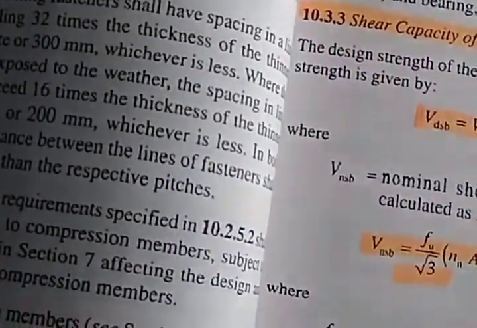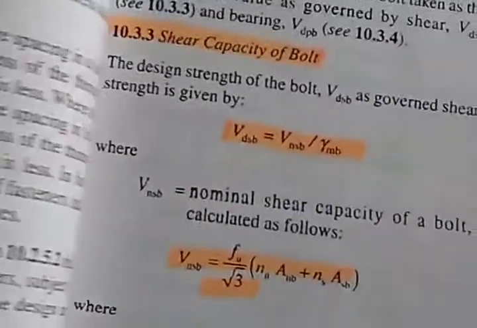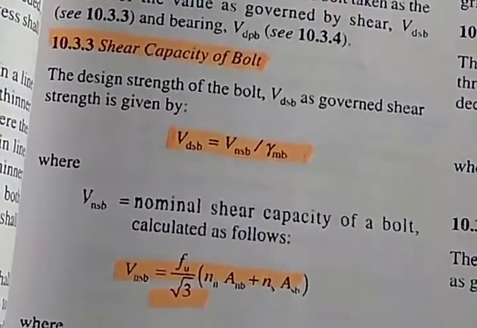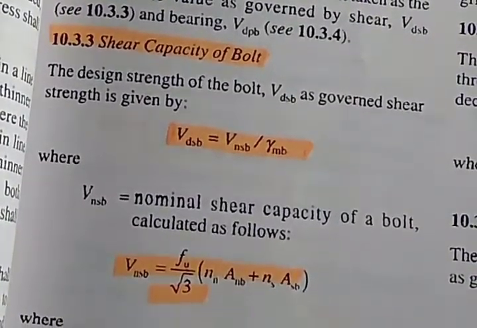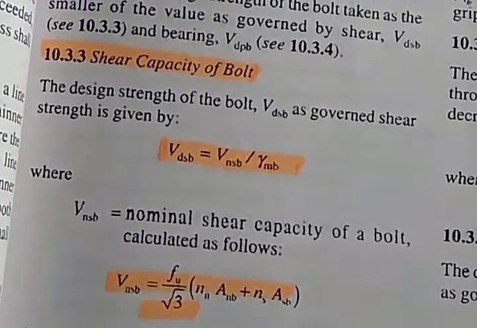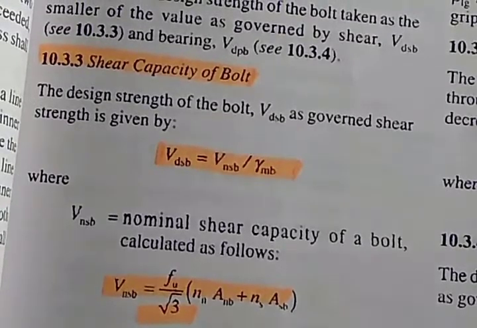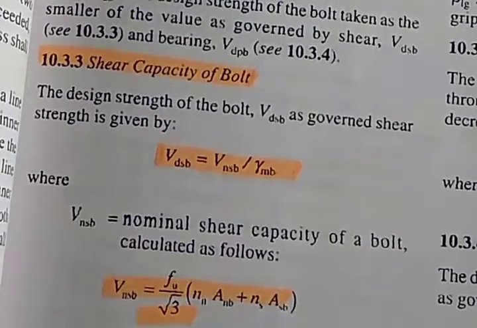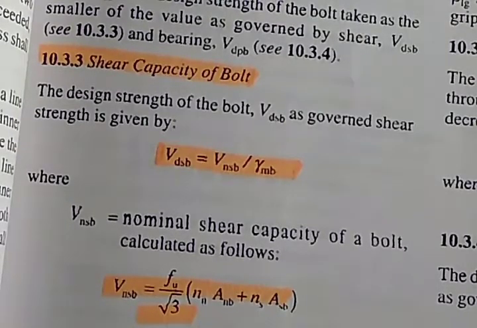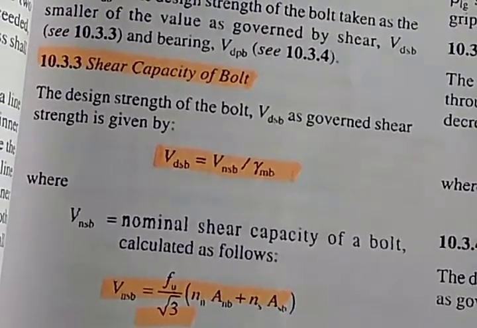So if we just look at clause number 10.3.3, that is the shear capacity of a bolt. The design strength of the bolt, VDSB, as governed by shear strength, is given by VDSB equals VNSB divided by gamma MB, where VNSB is the nominal shear capacity of a bolt, which is calculated as follows.